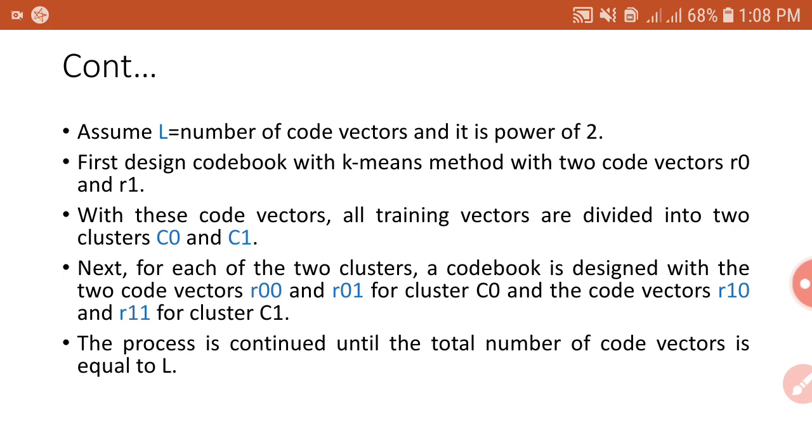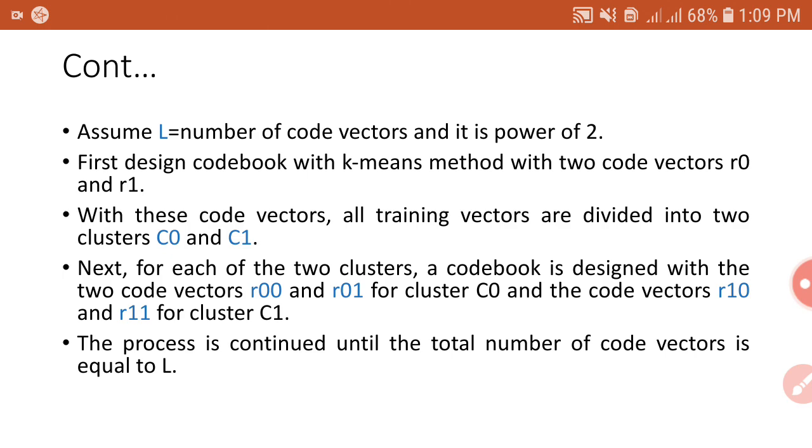By using this k-means method, first we design a codebook with two code vectors, R0 and R1. We are assuming that the initial code vectors are R0 and R1. Now using these two code vectors, all the training vectors are divided into two clusters, namely C0 and C1.